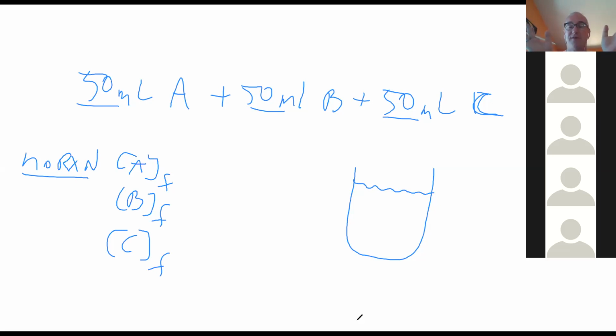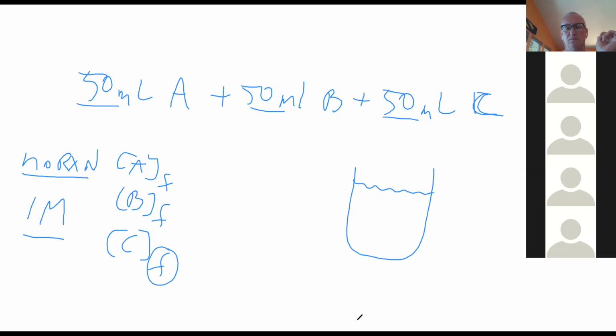If nothing happens, your final concentration by definition has to be less because you've diluted it. So if our original concentration of all 3 was 1 molar, what's our final? This subscript F means final concentration. If there's no reaction at all, what's my final concentration of each one?